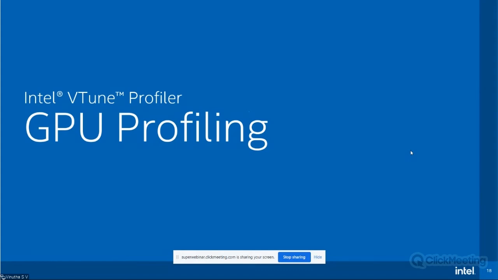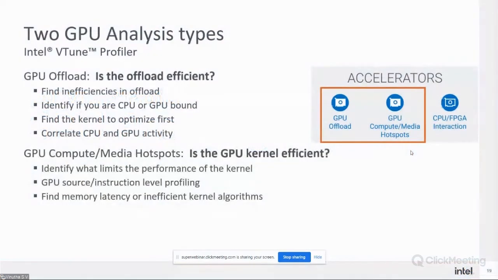Now with Intel oneAPI, two different types of GPU analysis have been added. One is the GPU offload, and the other is the GPU compute/media hotspots. Actually, the GPU compute/media hotspots analysis has been present for quite some time, because we had integrated GPU and used to support OpenCL and other applications, and this particular analysis type was helping with those applications.